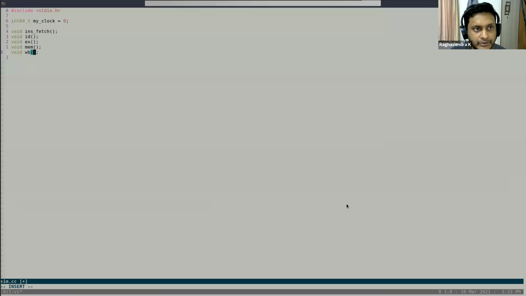Okay, so now I have these 5 functions. Let's say I do all the initializations here. So I have done all the initializations, and somebody said while loop, right?